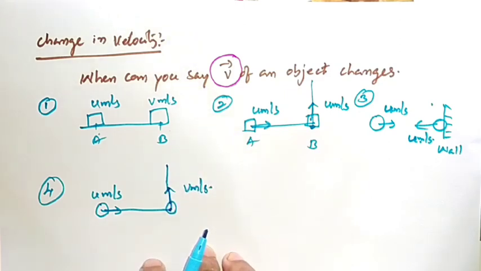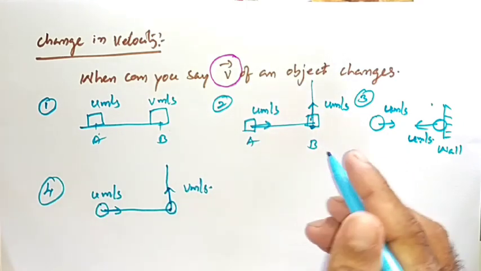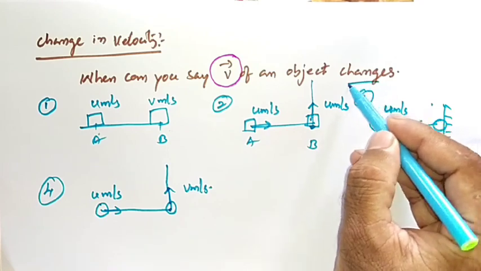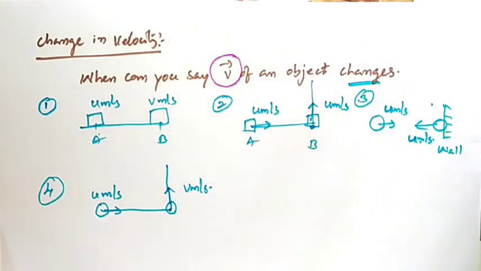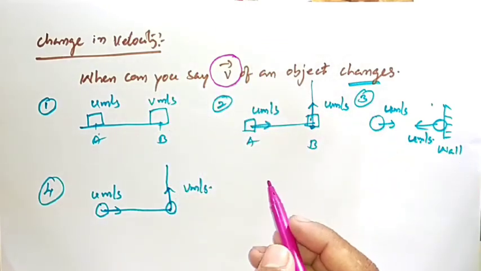Now tell me, I have given 4 cases. In which of the following cases does the velocity of the object change?